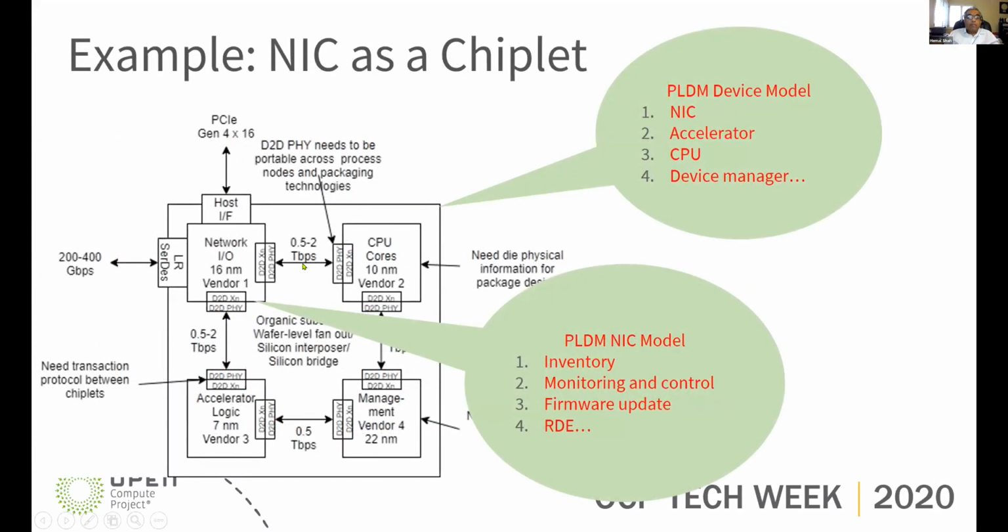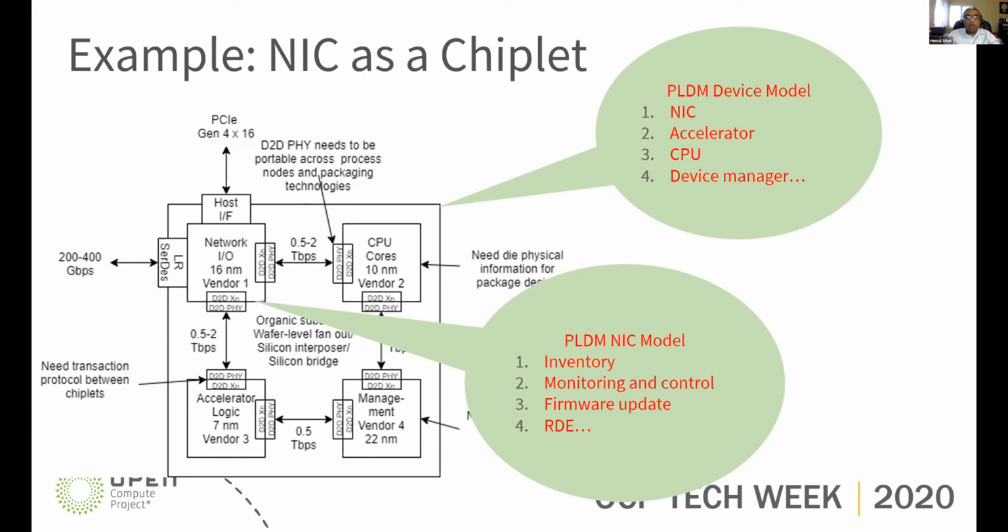So previously, as Bapi showed in that reference architecture, you can think about this internally. The entire chip can be represented by a device model, which includes a NIC, an accelerator, maybe an onboard CPU, and there may be a device manager itself within that. And then within that, there is a specific chiplet we are picking up here where you can apply the PLDM NIC model.